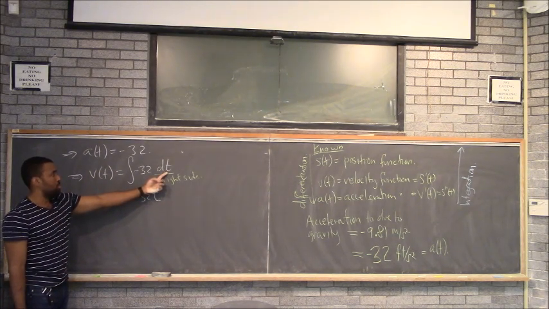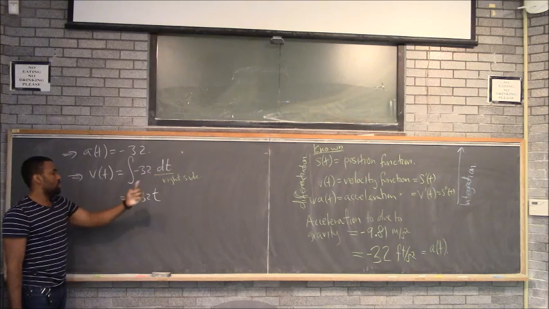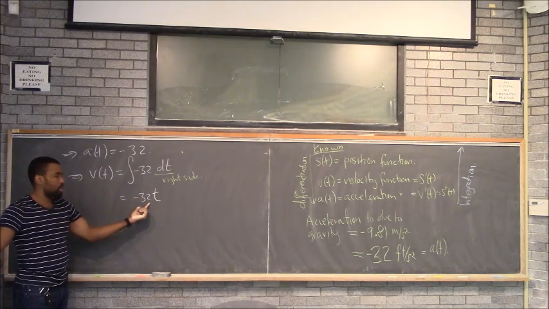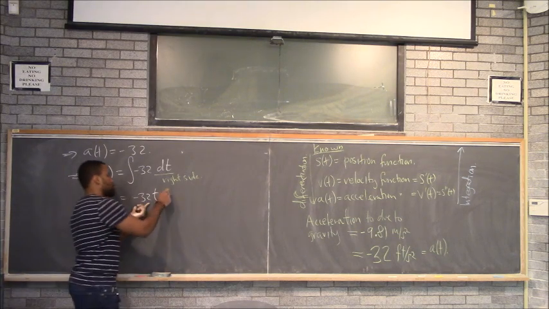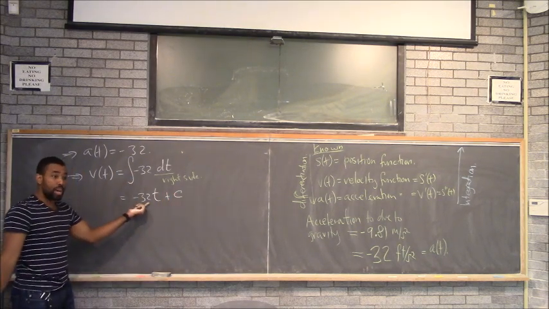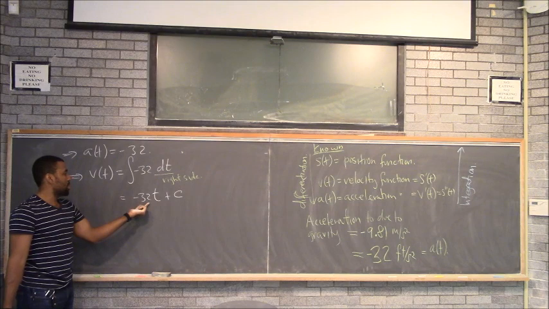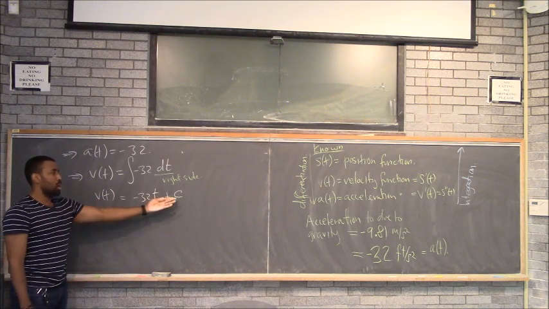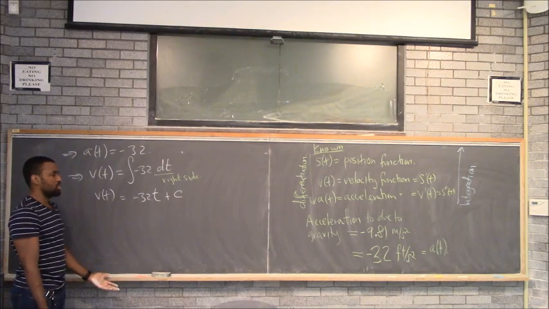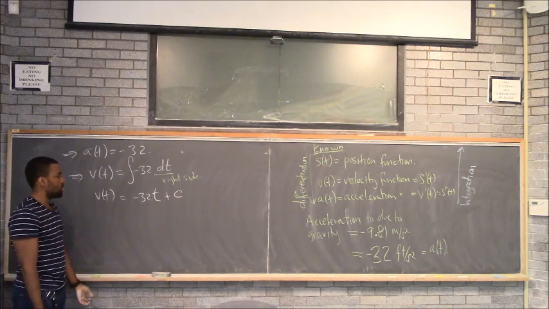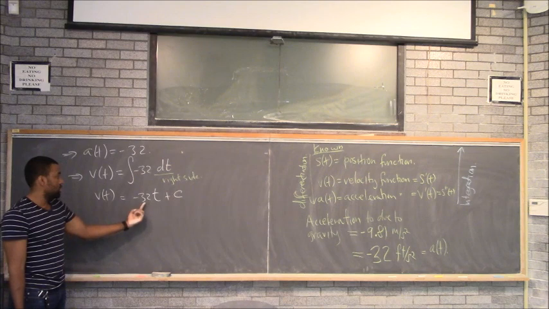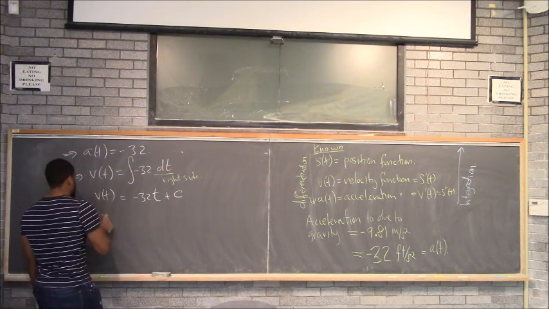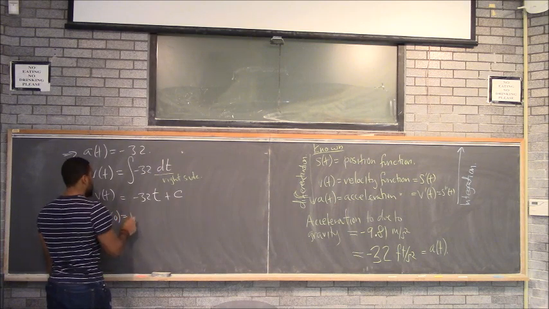I'm thinking of the variable as being time. Now, if I differentiate minus 32t, I get minus 32 by the power rule. Plus a constant, right? Because there might have been a constant there. So I know that my velocity function looks like this. Now, that's an arbitrary constant, which means I don't really know what its velocity is, or do I? Well, I do know a point on this curve, since v(0) is equal to 10.